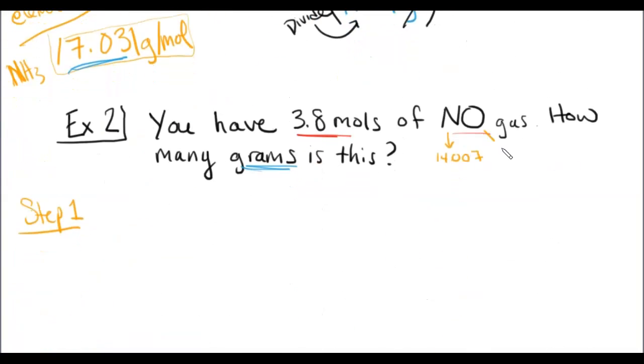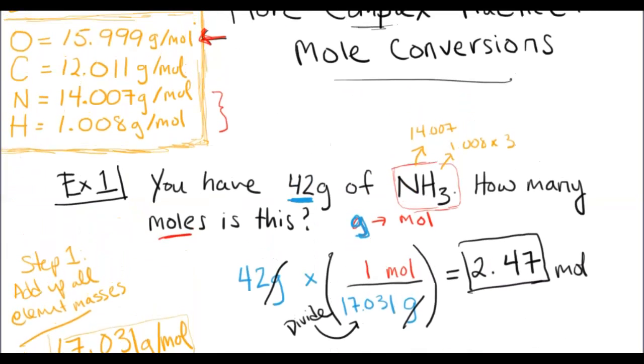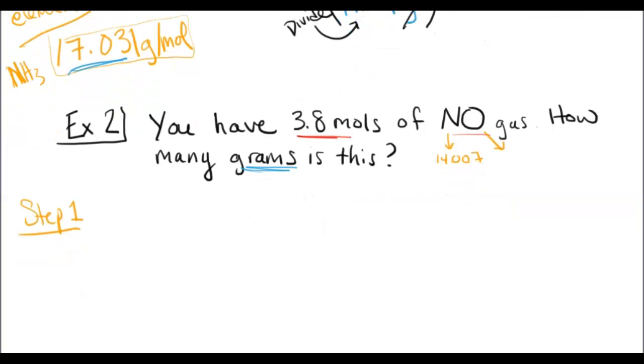And then for oxygen, that is 15.999. So we add up the masses. That's going to give us our conversion factor for NO. Let's punch this into our calculator really quickly.